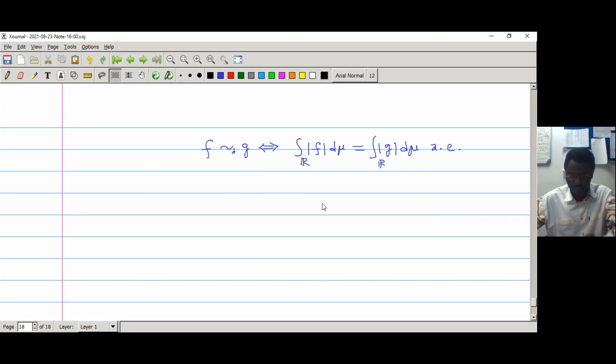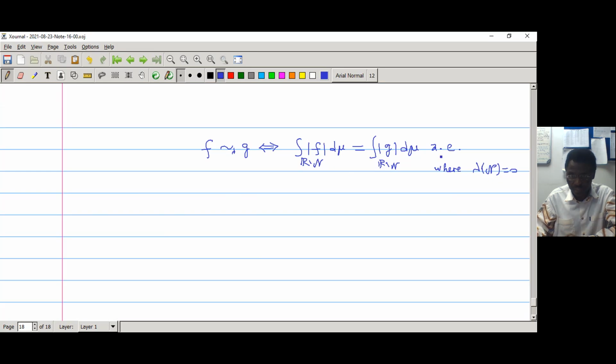In fact, when we write, it's not r, but it's r minus n. So the two integrals will coincide over r minus n like this, where I say lambda, okay, let's use lambda as the measure, lambda of n is 0.